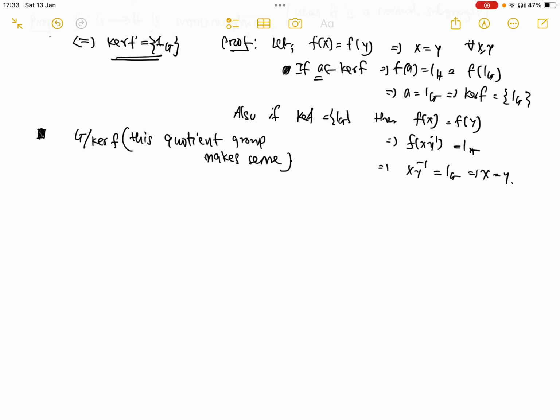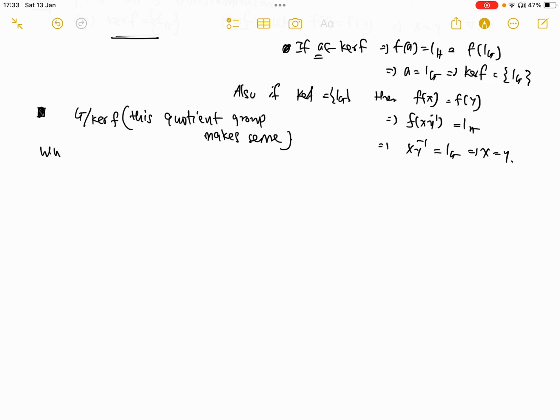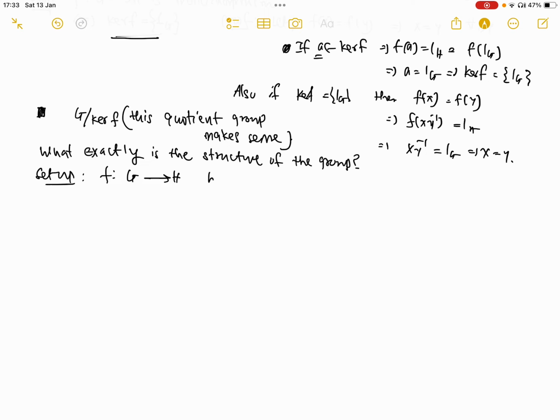So now the question is, what exactly is the structure of the group? So this is the setup. You have this homomorphism.